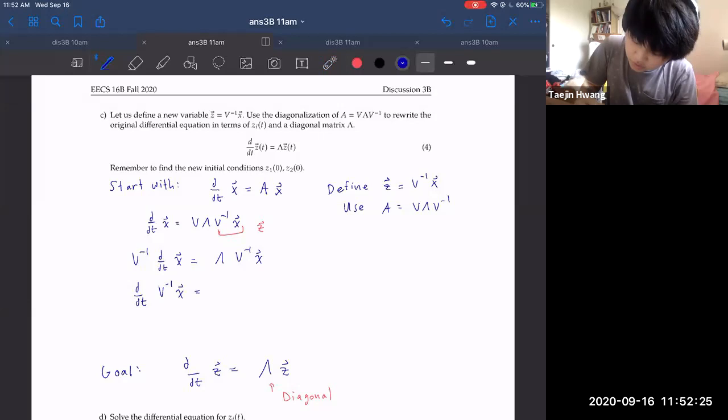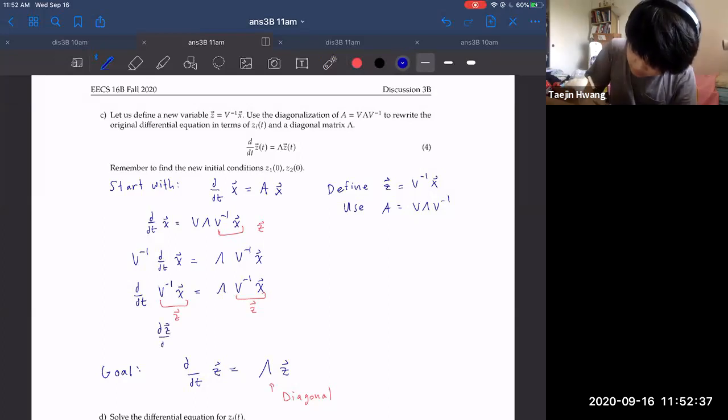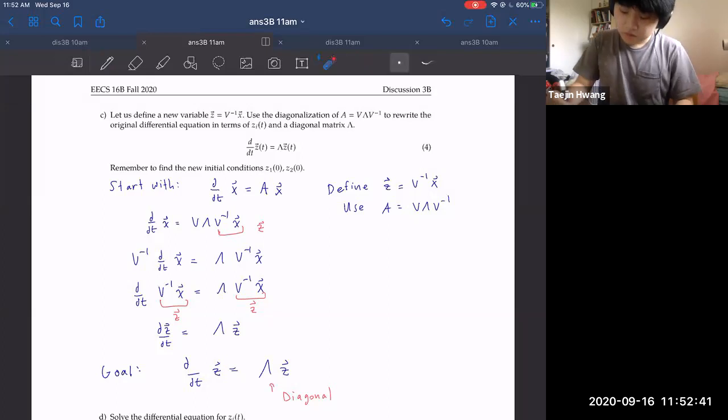In other words, we can say this is equal to lambda v inverse x, and by substituting in z, we can see that dz/dt is equal to lambda z. Again, you could have done this the complete opposite way by starting here, plugging in v inverse x for z and going backwards as well.